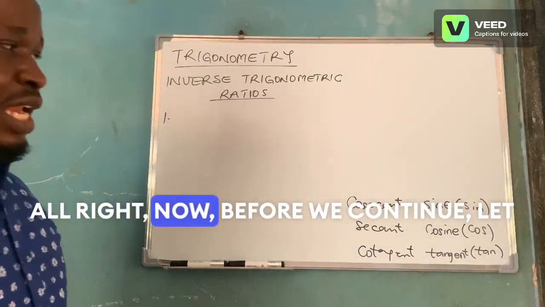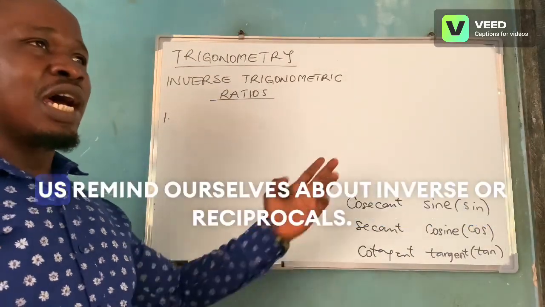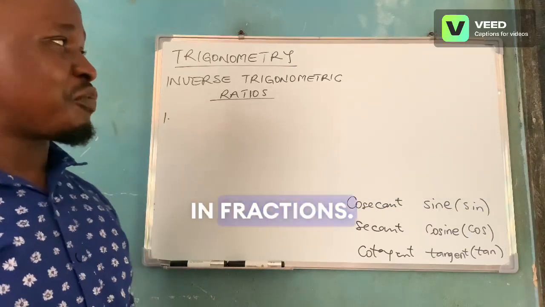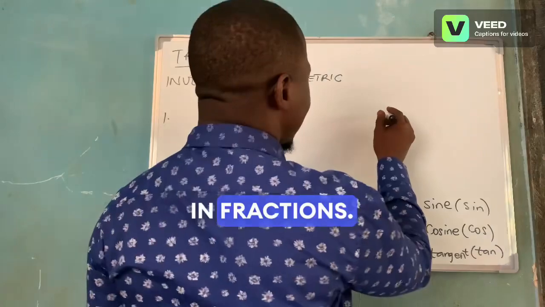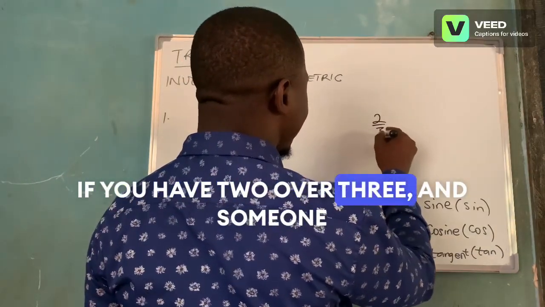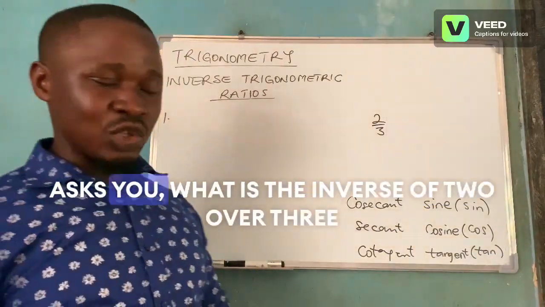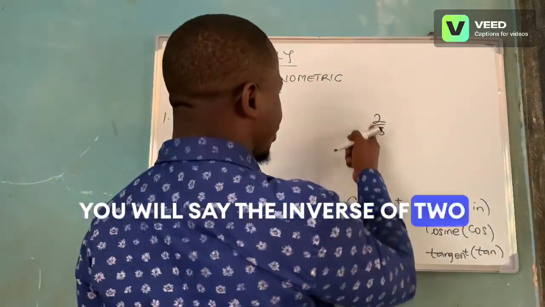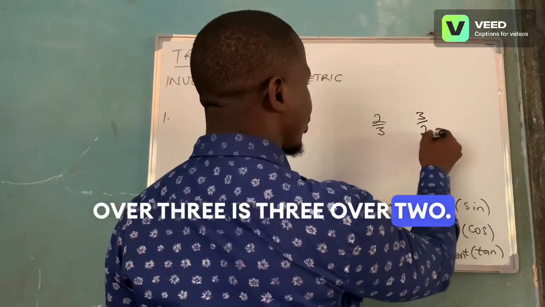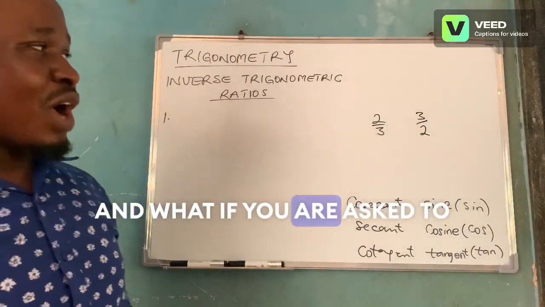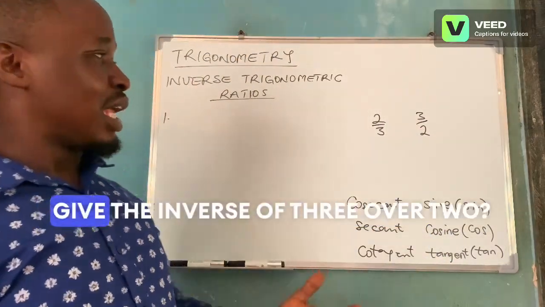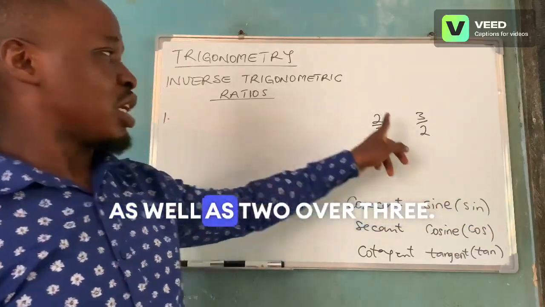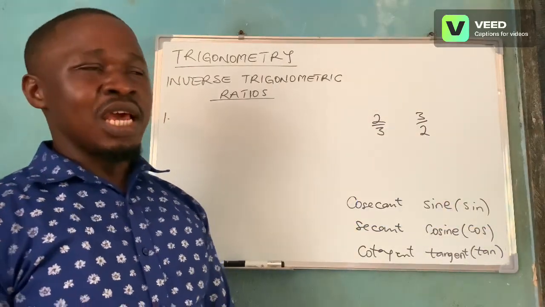Alright. Now, before we continue, let us remind ourselves about inverse or reciprocals in fractions. If you have 2 over 3, and someone asks you, what is the inverse of 2 over 3? You will say, the inverse of 2 over 3 is 3 over 2. And the inverse of 3 over 2 is 2 over 3.